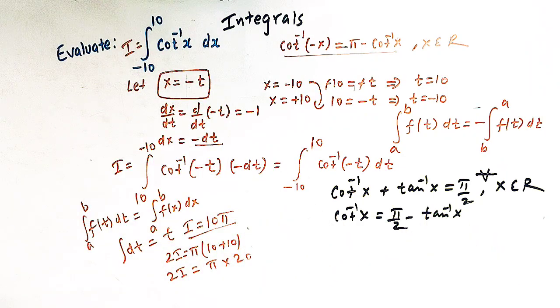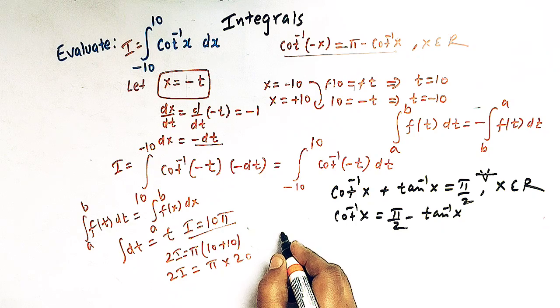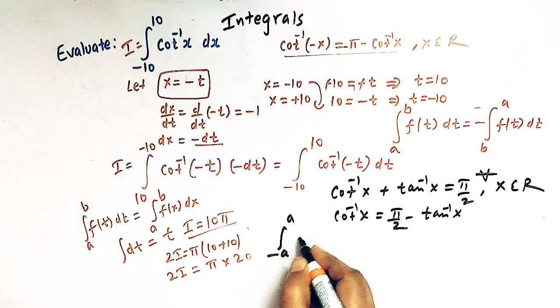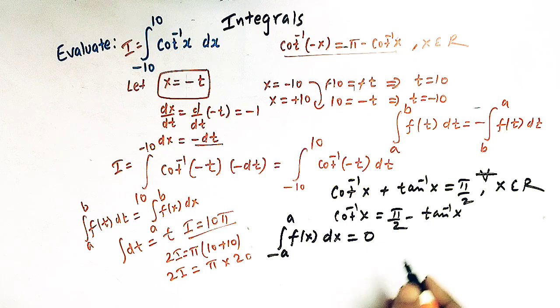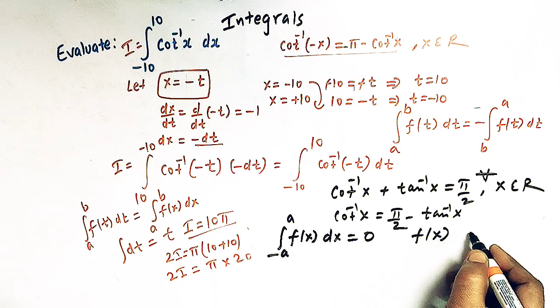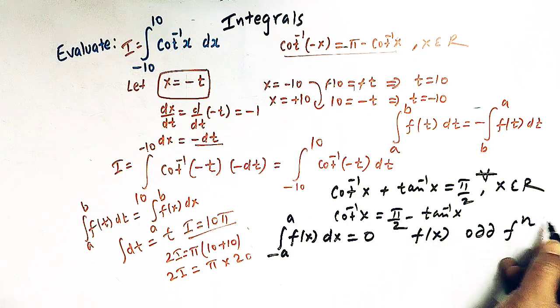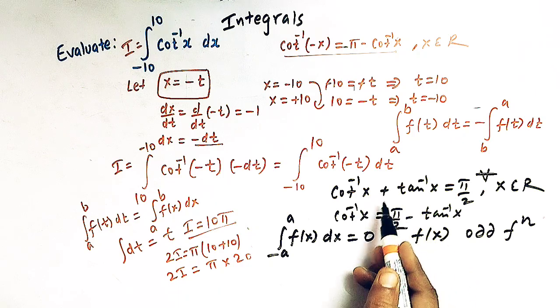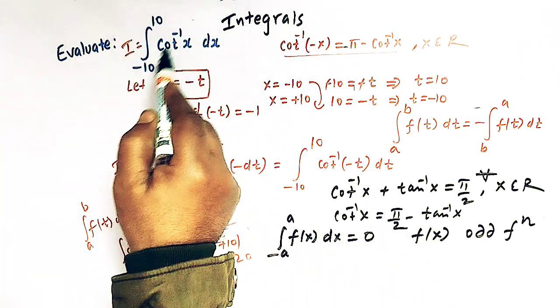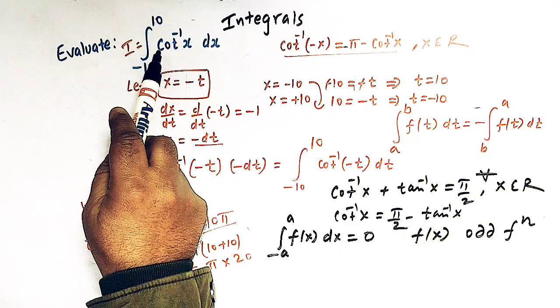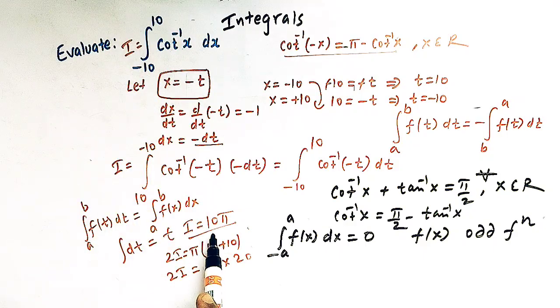And then applying the property of definite integrals, that is for odd functions, the integral from minus a to a of f of x dx is equal to 0 if f of x is an odd function, right? So using these concepts, we can also arrive at the value of this integral as 10 pi.